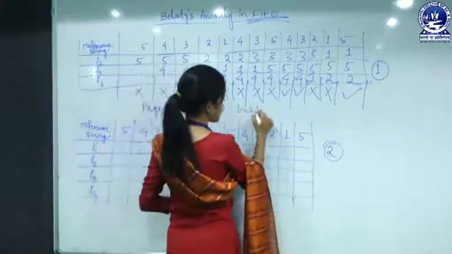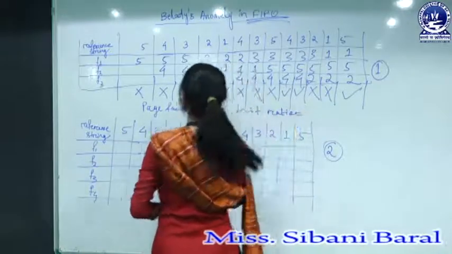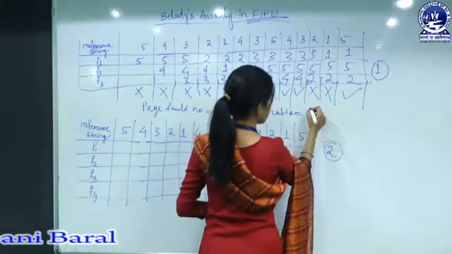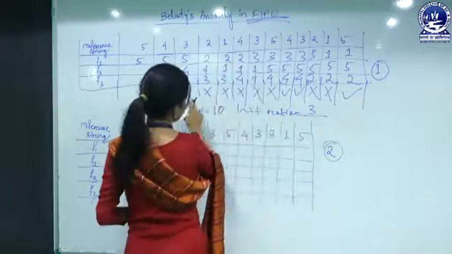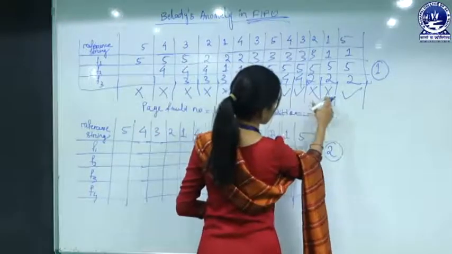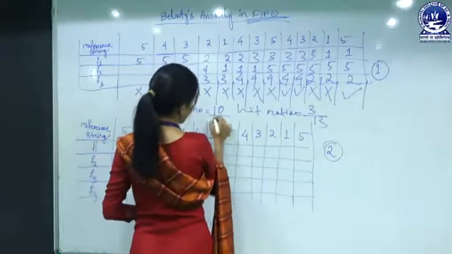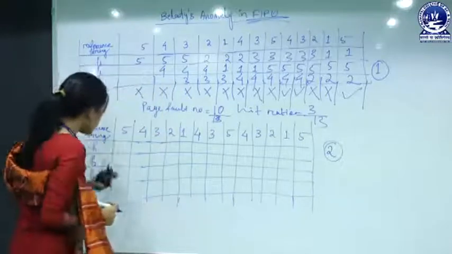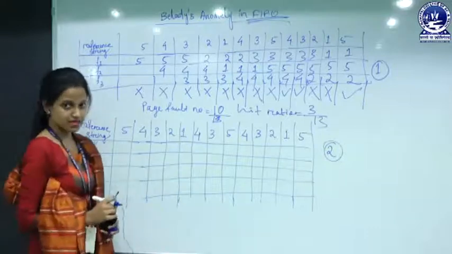For the hit ratio, count the number of hits: 1, 2, 3. So the hit ratio is 3 by 13, and the page fault ratio is 10 by 13. Fine. Next, solve this type of algorithm where we increase the frame size.